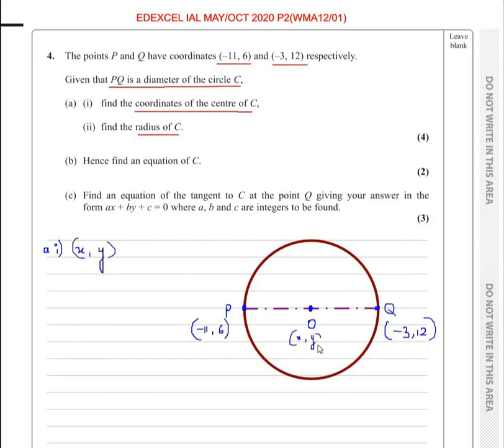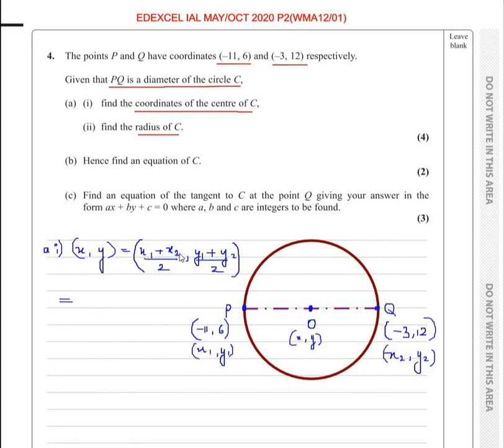x, y is equal to x1 plus x2 over 2, y1 plus y2 over 2. Now you can take -11 as x1 and 6 as y1, and you can take -3 as x2 and 12 as y2. And then we have to just substitute the values in the formula.